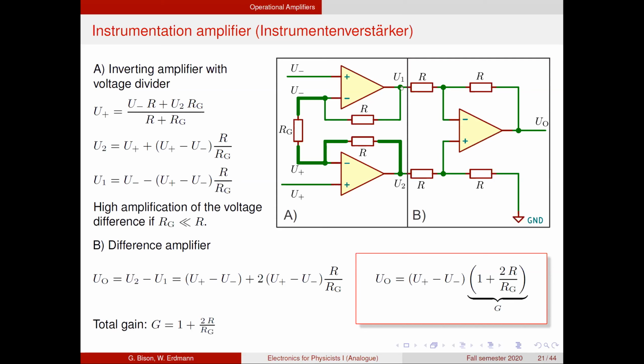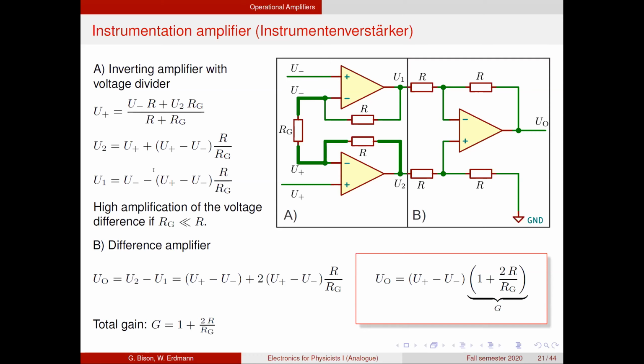And you see each of those gets a copy of the voltage to which it's closest, so to say, plus this scaled version of the difference voltage. And now you see if we make this gain resistor small, then the scaling factor can be large. And we get, if we want, a large gain on this difference voltage.